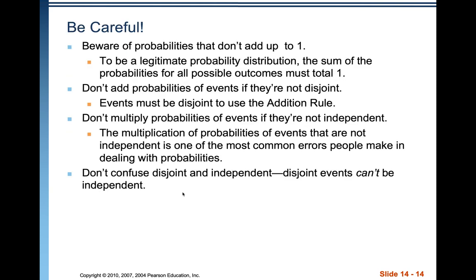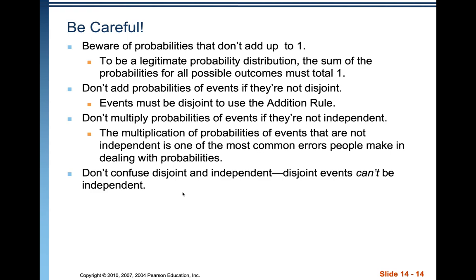Okay, be careful of probabilities that don't add up to 1. To be a legitimate probability distribution, the sum of the probabilities for all possible outcomes must total 1. Okay, if you're looking at all possible outcomes, that represents 100% of what can happen, and that 100% of what can happen is analogous to a probability of 1. Don't add probabilities of events if they're not disjoint.